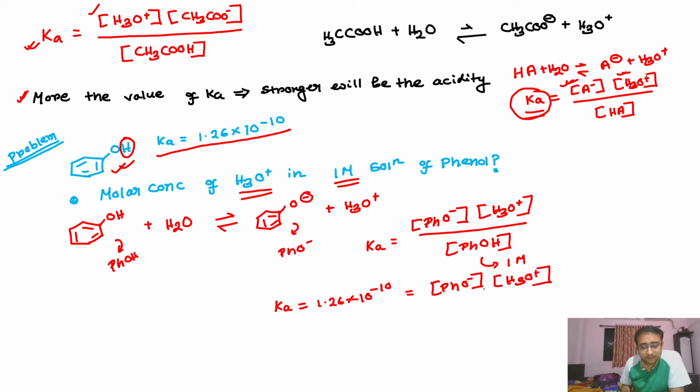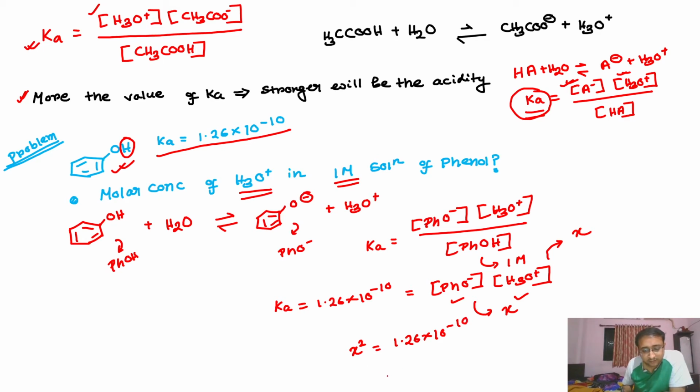Now at equilibrium, the concentration of this species and this species will be equal. So if the concentration of H3O⁺ or hydronium ion is equal to x, then the concentration of this phenoxide ion will also be equal to x. So x² will be equal to 1.26 × 10⁻¹⁰.